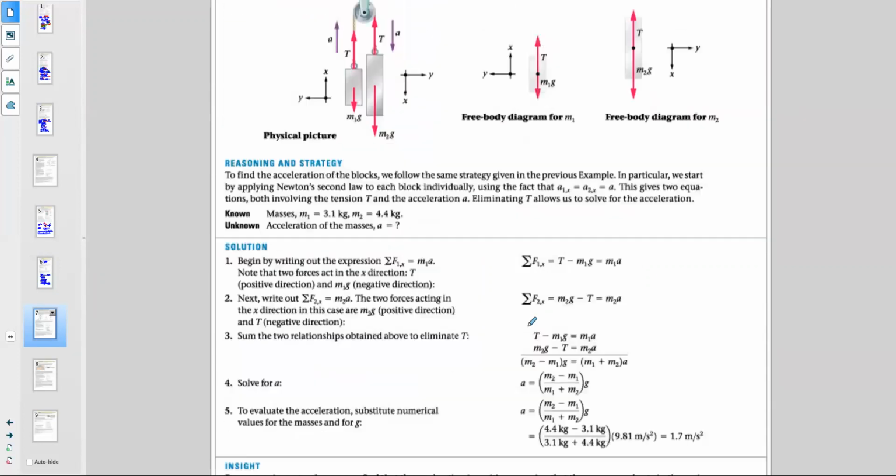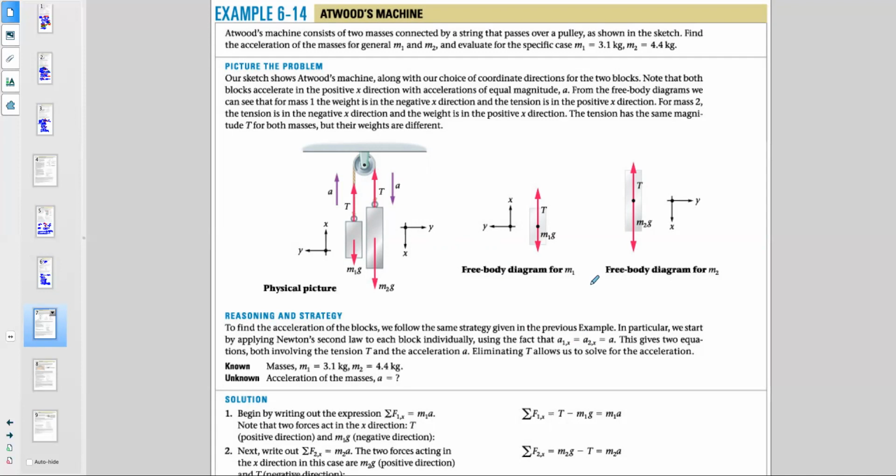You can go ahead and take a look at that problem. But the difference here is that we have numbers for M1 and M2, versus the point that I was solving the problem based on just M1 and M2 without any numbers for them.